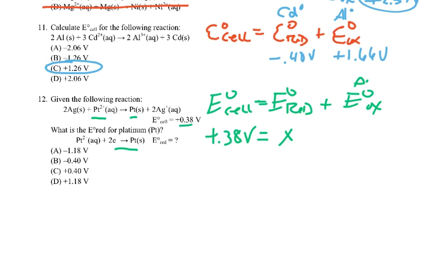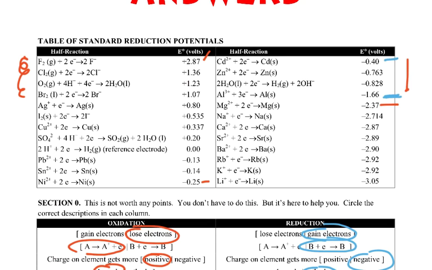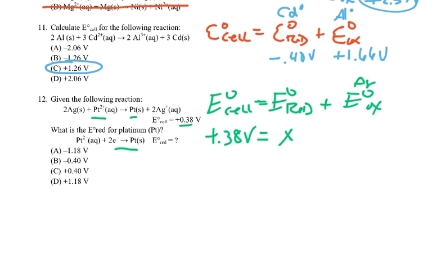This is for silver, but because it's getting oxidized, going from 0 to plus, we're going to use its number in reverse. So we're going to go back and look at silver. Here's silver, positive 0.8. So in here it's going to be negative 0.8 volts. We change the sign because it's oxidation, so this platinum must be larger than positive 0.8.